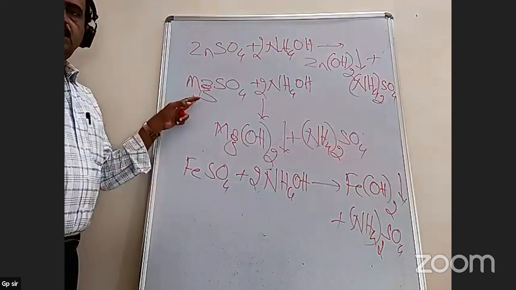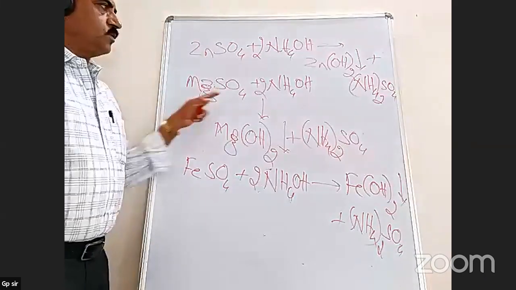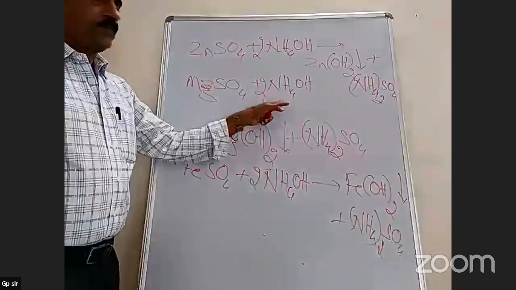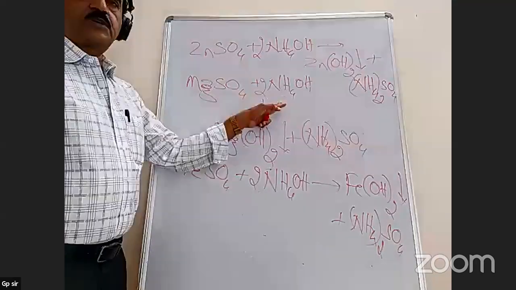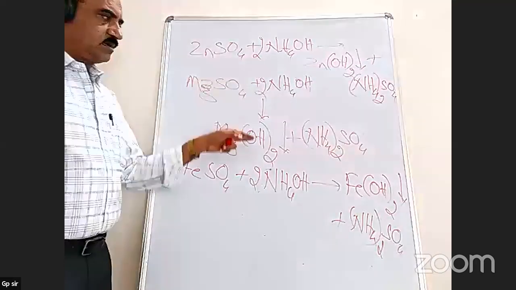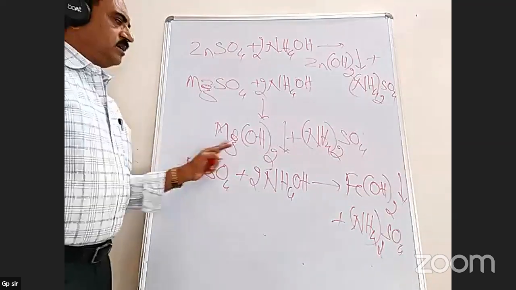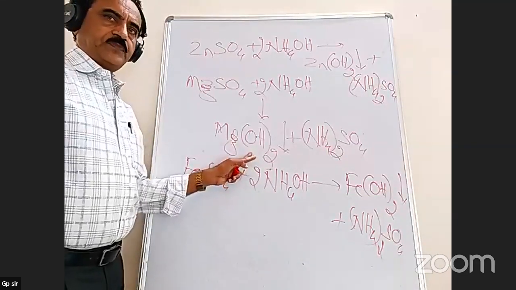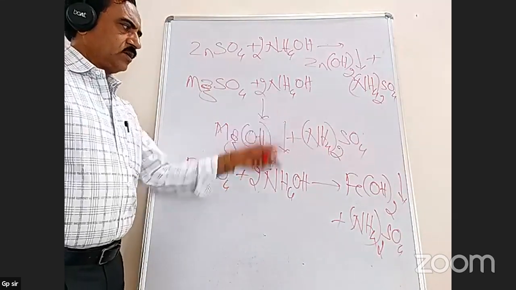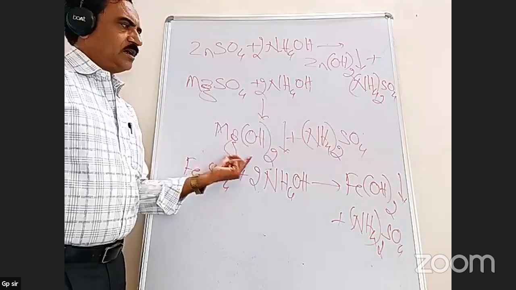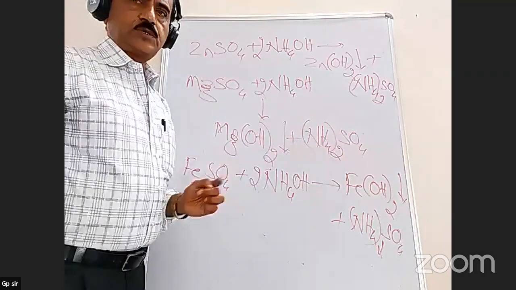And then you write this one: MgSO4 plus 2NH4OH gives Mg(OH)2, downward arrow mark, white precipitate, plus (NH4)2SO4.